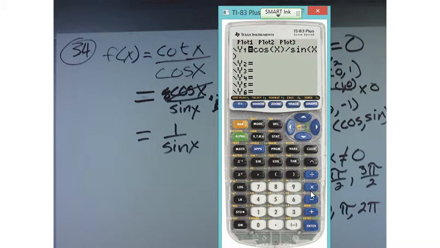And then that will be times 1 over cosine of x. So I'd say times, and then I'm going to put this in parentheses, 1 divided by cosine of x.